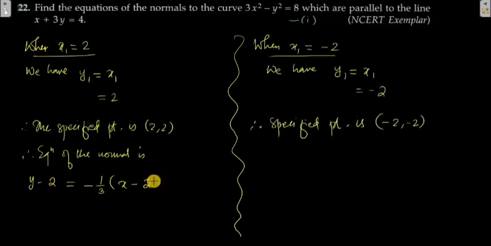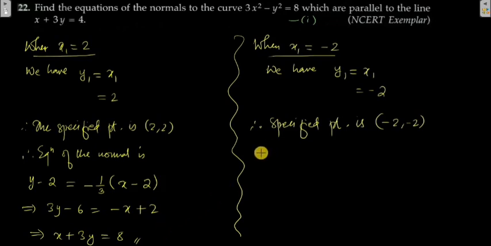So x minus x1 is this much. Now the work is simple. Bring this 3 out here, so you get 3y minus 6, and you open the bracket, you get minus x plus 2. Bring this x out here, so you get x plus 3y. Bring this 6 out here, you get 8. So this is one of the equations of the normal.